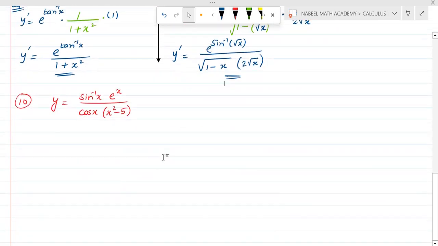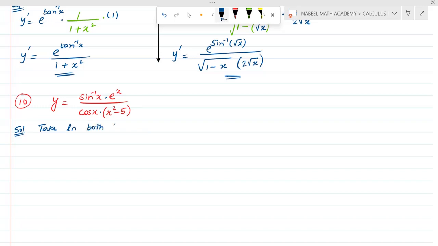Now the last problem here, we will have a function which is a big function. If you use a regular method, so it is f, g, then you have a quotient and product, a very big expression. So whenever complicated functions are there, we will use the ln as we discussed in our previous video. So we will take ln both sides because it's a complicated function.